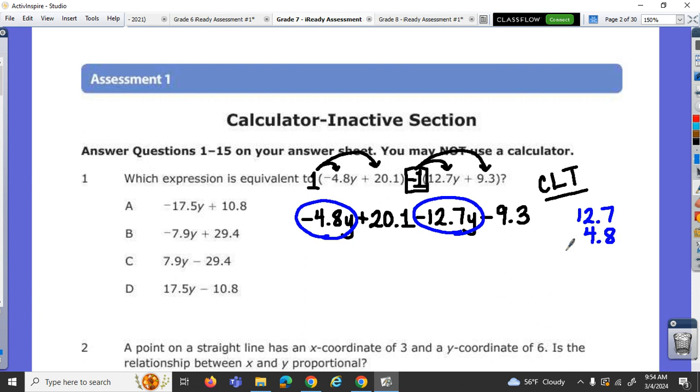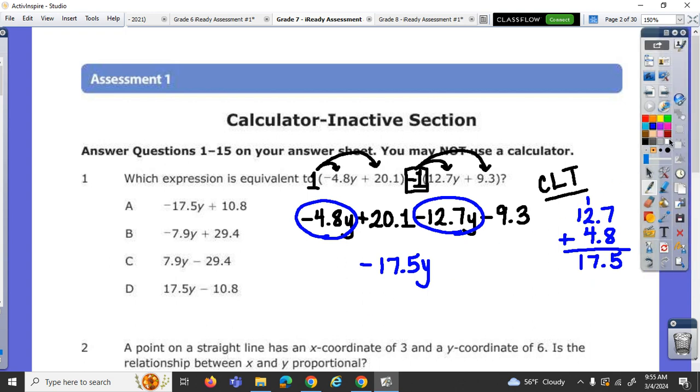Without a calculator, we have to be willing to do some scratch work over here. So that will be 7 and 1, so we've got negative 17.5y.